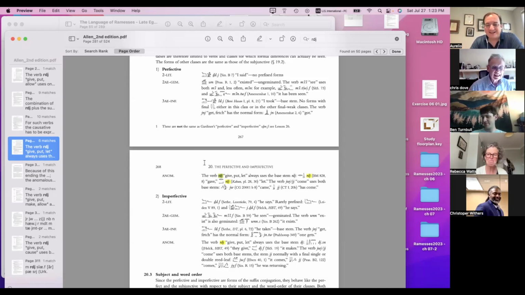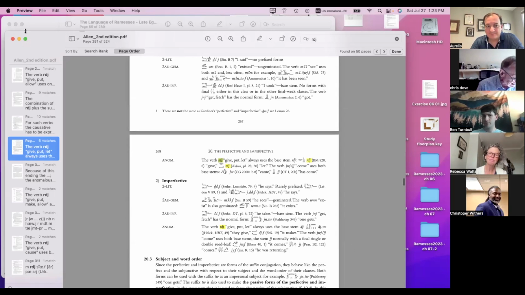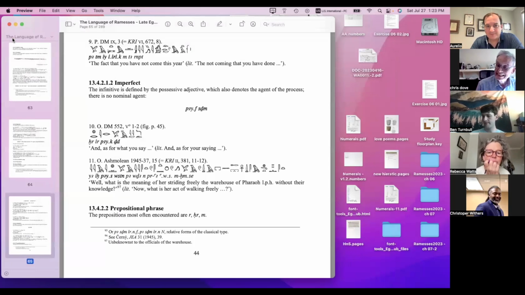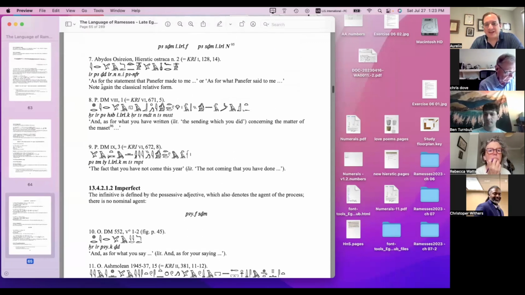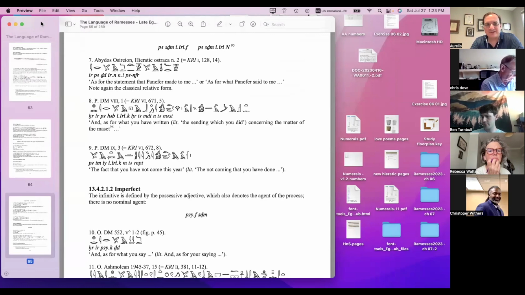There's a similarity in the verb for come because you get iw and i. And again, the two both seem to occur. Although for that one, there is at least one regularity.